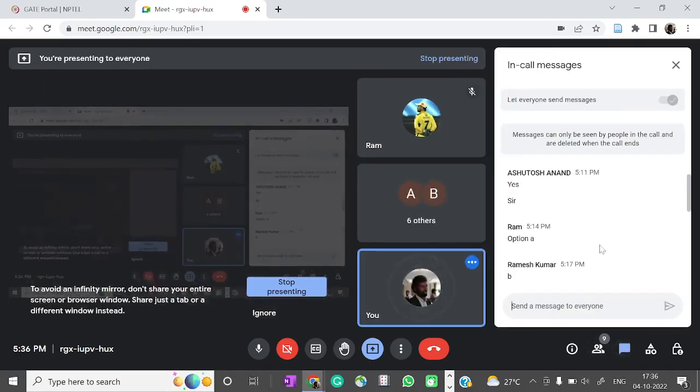Yes. Only Ram understood. Remaining people didn't understand this concept. Okay, someone else also said that. Okay, fine.